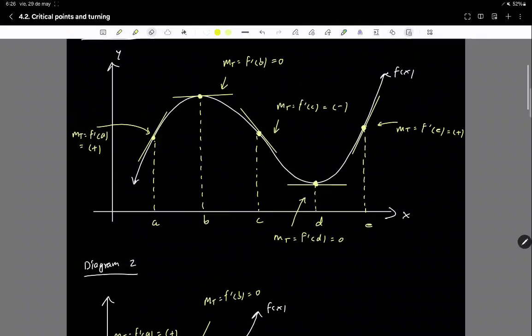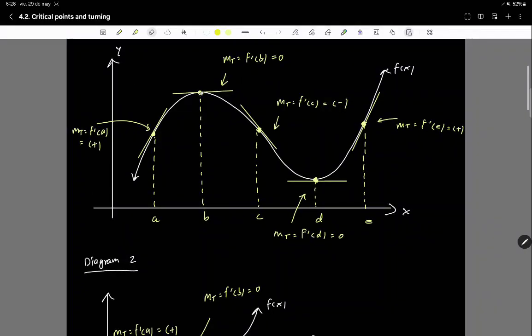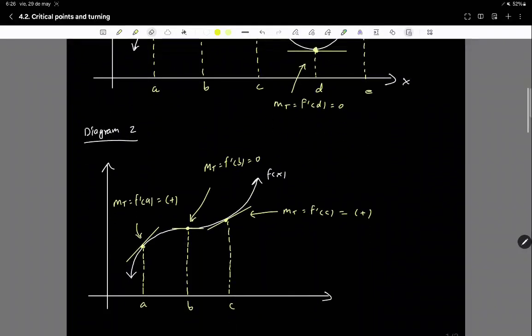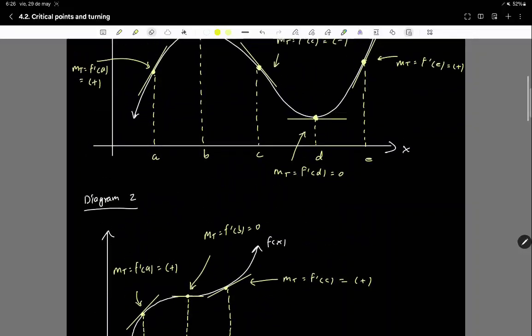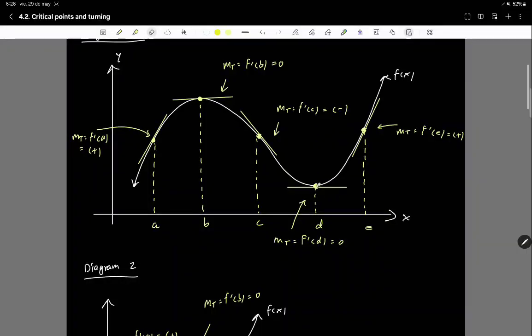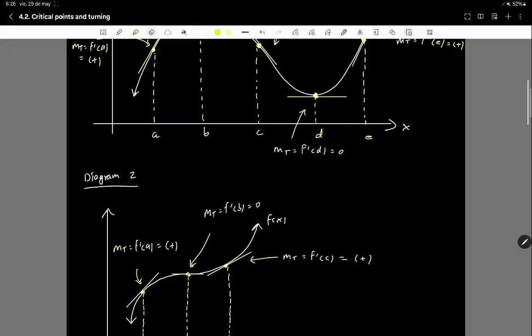Okay? So once again, this point here is called a turning point, because the function changes direction. This point here is called a stationary point. And all 3 points, this point here, this point here, and this point here, are going to be called by the general label of critical points, puntos críticos.